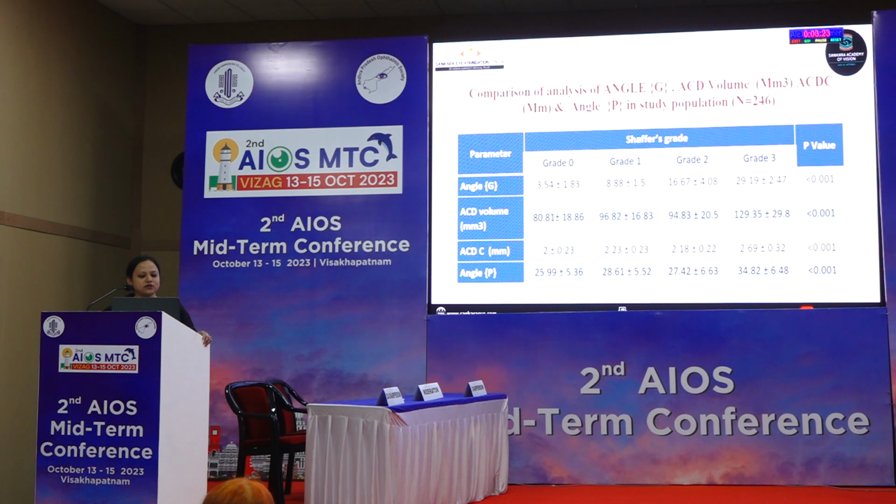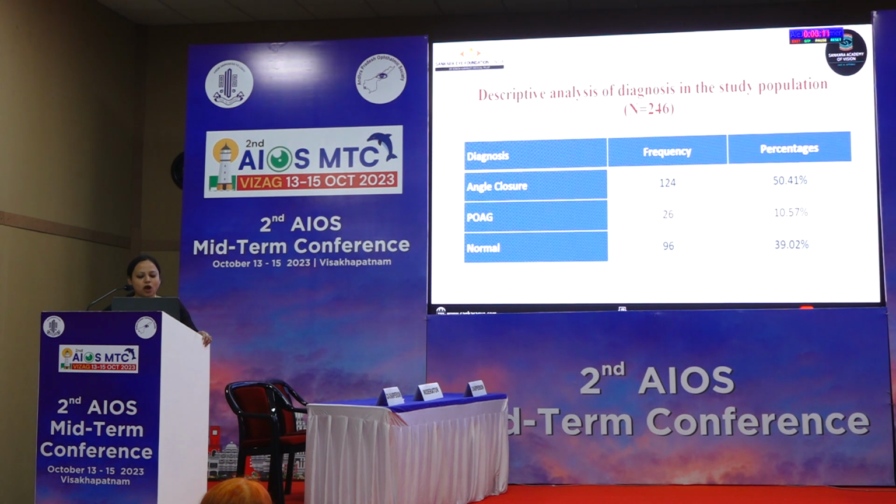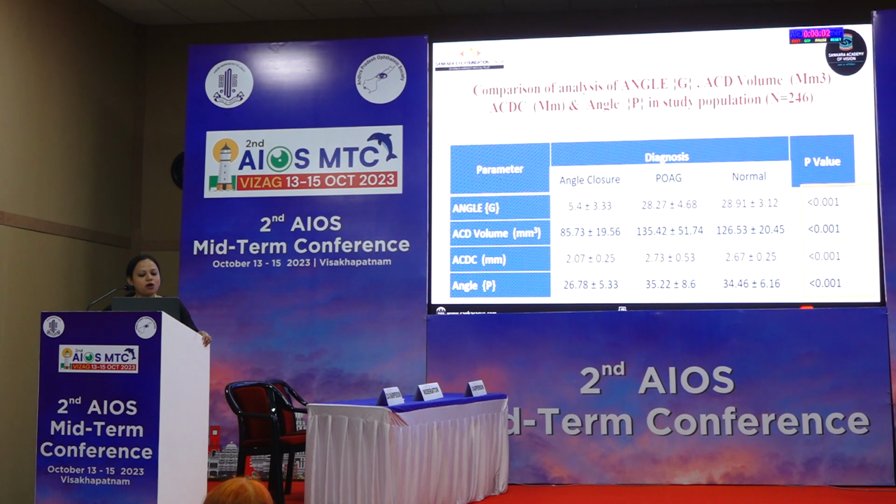When we classify all values by Shaffer grading, we get a statistically significant difference. But grade 2 has lesser values than grade 1 because we have fewer patients in grade 2. Of the total, 50% had angle closure and approximately 50% had primary open angle and normal, that is, open angle. When we compare angle closure to open angle, we got a statistically significant difference in all values.